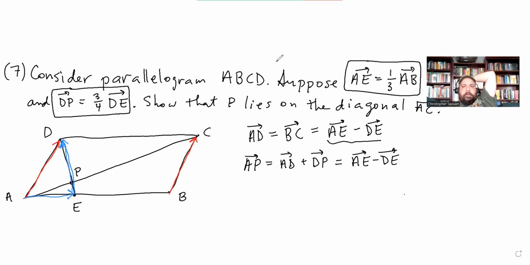And also DP I can write as 3/4 DE. So DP is equal to 3/4 DE. So here this gives me AE minus DE plus 3/4 DE, which is AE minus 1/4 DE.